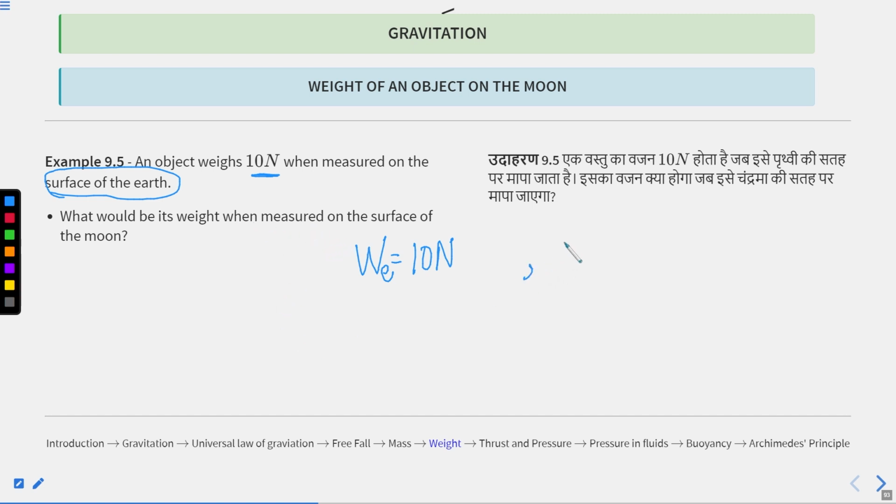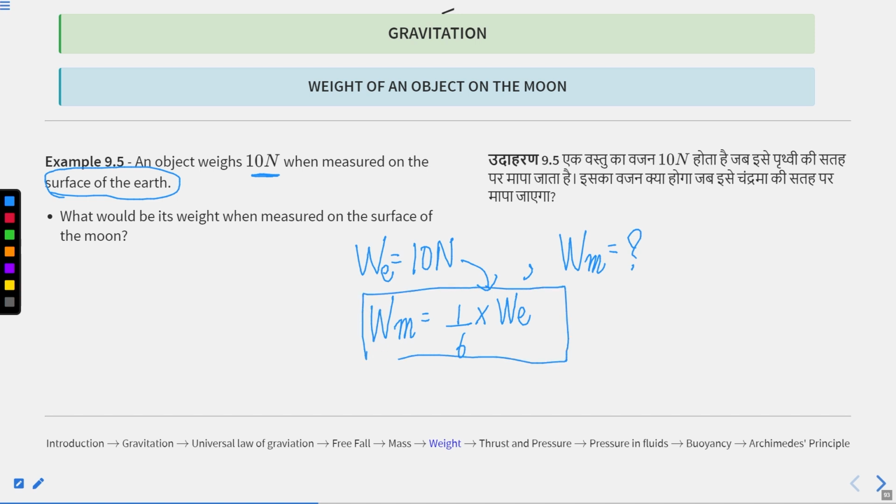Okay, we have to calculate that object's weight on the moon. How are we going to calculate it? So we know that weight on the moon is 1/6 times the weight on the earth. We just have to put the value of weight on the earth and divide it by 6. We will get the weight of that object on the surface of the moon. Is it clear, class?